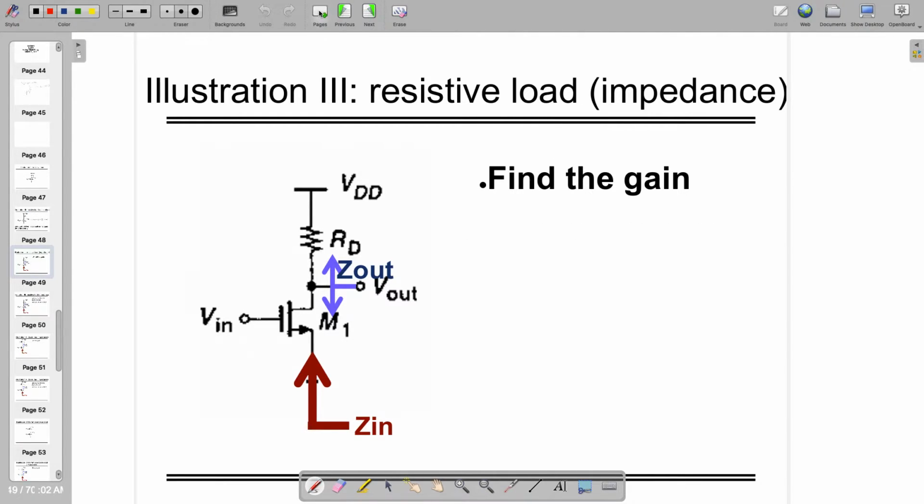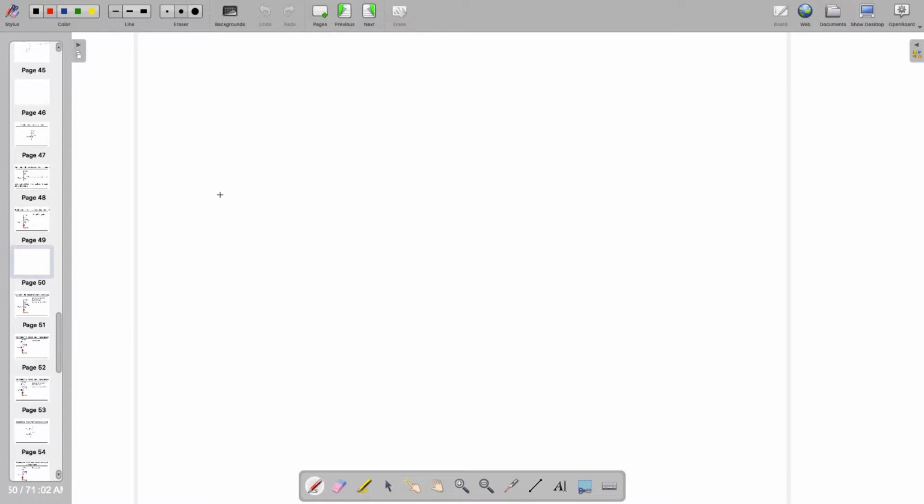Other than this, there is one important aspect. It's known as body effect. Generally, the NMOS body is the fourth terminal, which we are not showing till now.